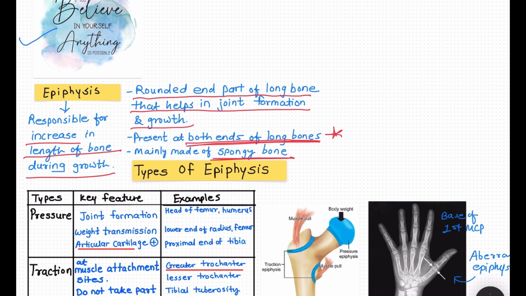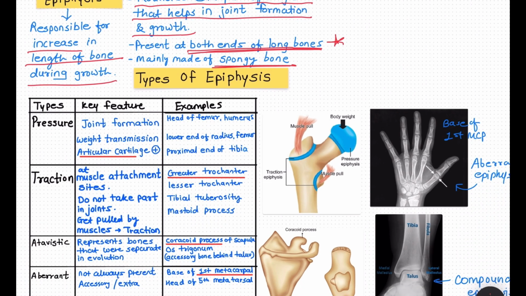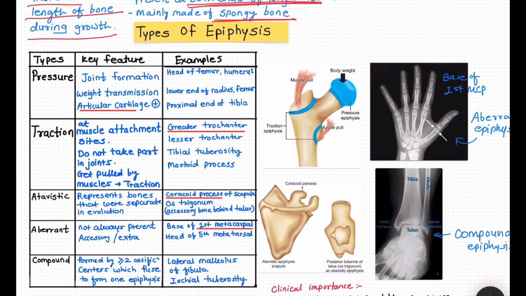Then let's discuss the types of epiphysis with their examples. The first type is pressure epiphysis. As the name suggests, the function of pressure epiphysis is weight transmission. It is present at joint formation, and articular cartilage is also present at pressure epiphysis.